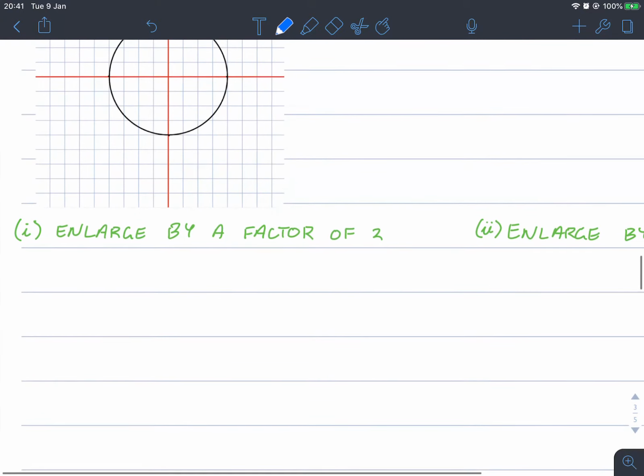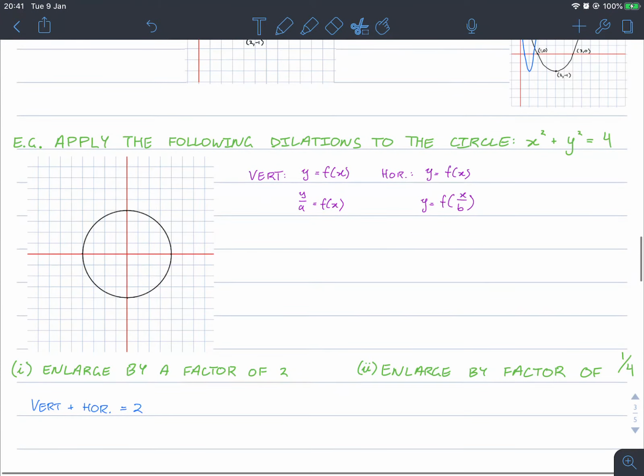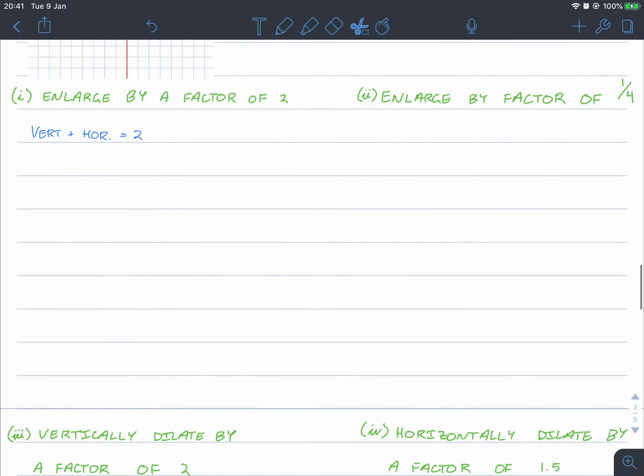Just so you know, an enlargement is the same as a vertical and horizontal dilation by the same factor. Okay, so we're going to take our relation, not a function. Here's our relation.